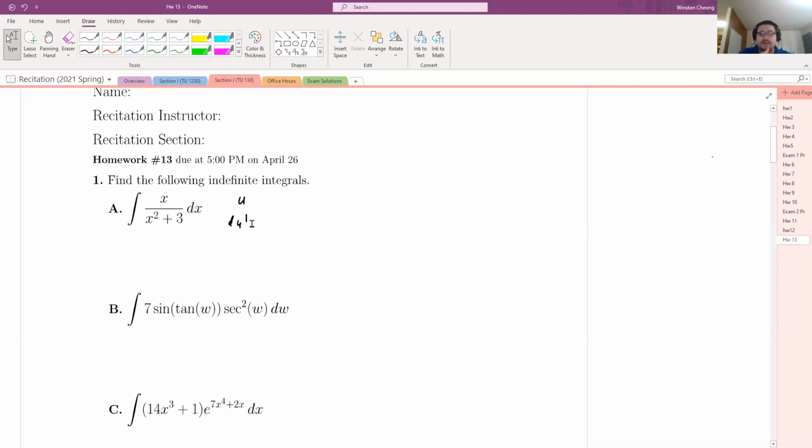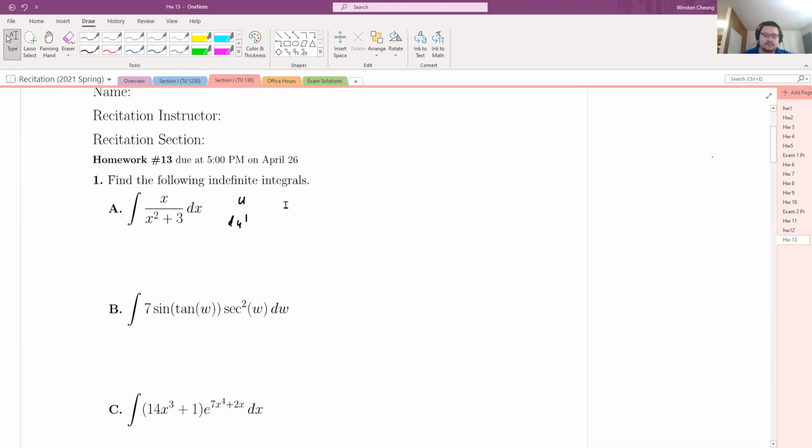So you choose something to be your U, and usually this choice is going to be a part of the function that you're given. In harder examples, this may not be the case, but usually we give you easy problems where the U is going to be a part of the function.